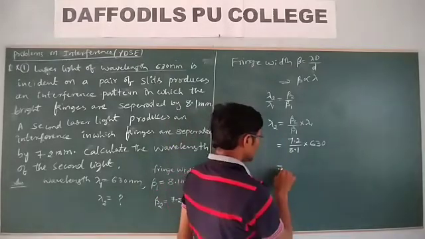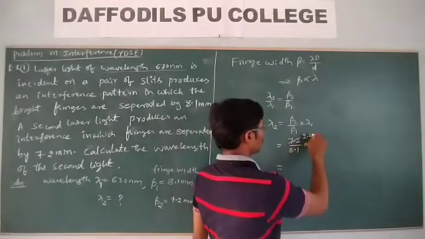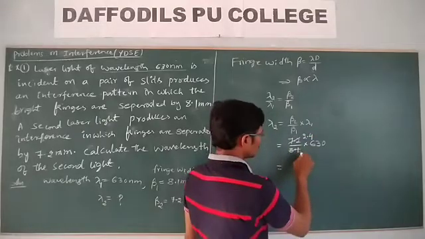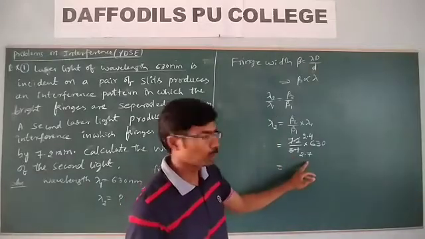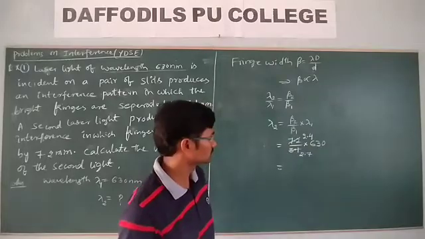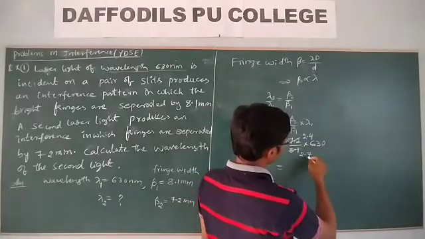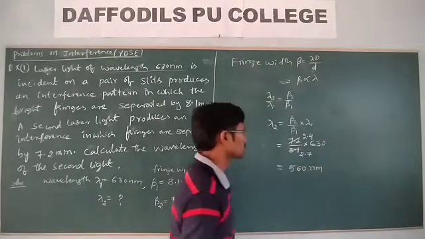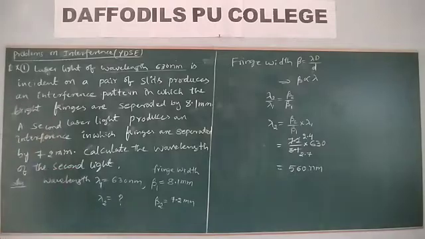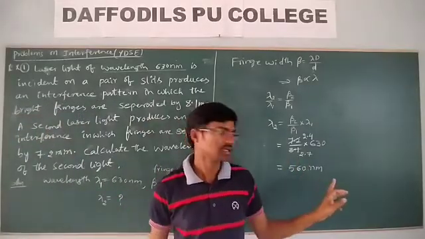Calculating this, we will get the wavelength for which the fringe width is 7.2 millimeter, which is 560 nanometer.